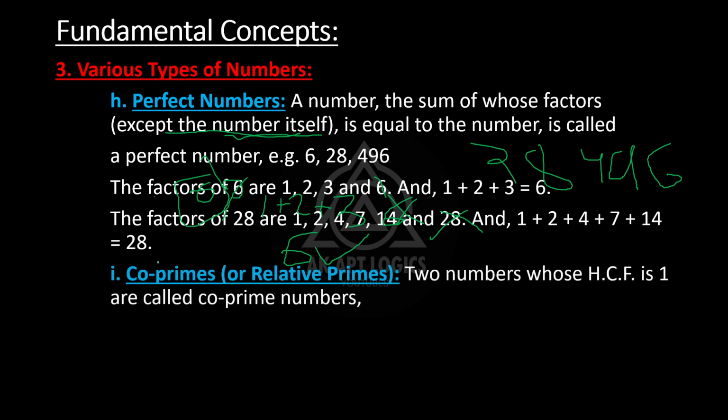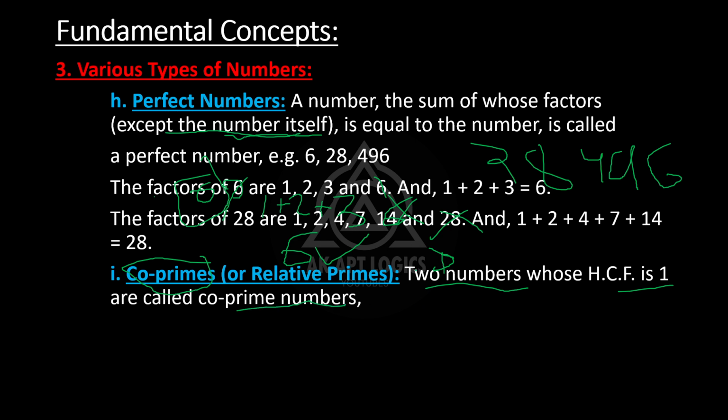Next, co-primes or relative primes. Listen carefully: two numbers, not prime numbers, two numbers whose HCF is one are called co-prime numbers.